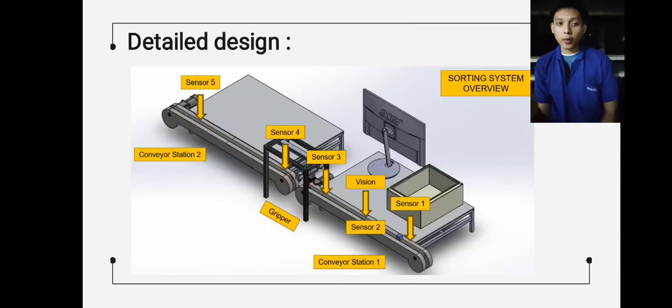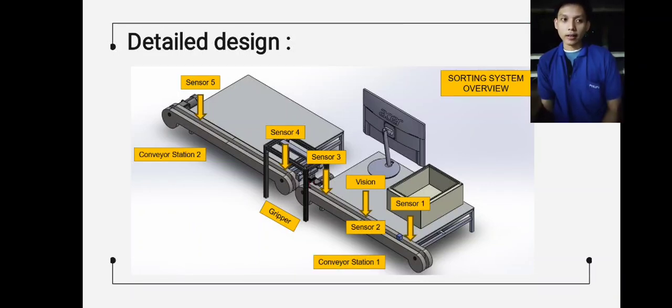Okay, next I will tell about the detail design. For table 1, there is sensor 1 to detect the object, and then there is conveyor 1, and the webcam is for vision, and at the end of the table there is sensor 3.